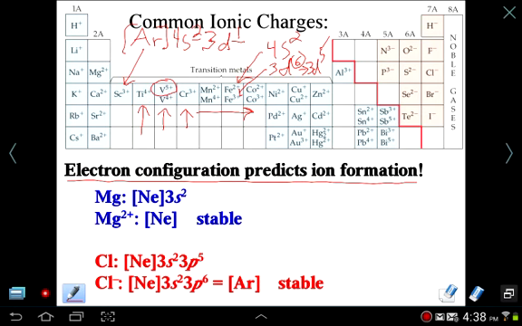Nickel and cobalt are predominantly +2. You notice here that copper, silver, and gold all form a +1 charge. And recall that we talked about how the electron configuration for copper was an exception. It had argon, and then it had 4s1, and then 3d10.